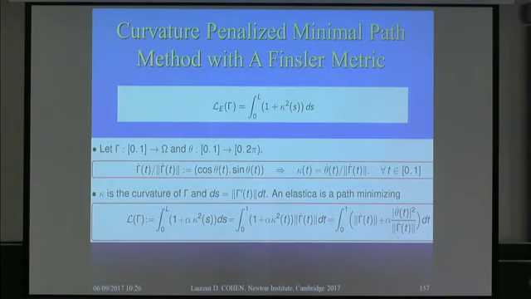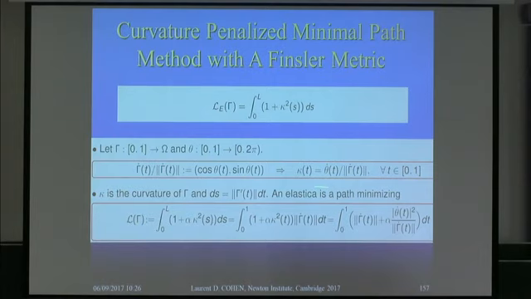So this means simply that theta is the orientation of the curve. Then it is well known that the curvature can be obtained by derivation of theta, where t here is any parametrization of the curve. It's not necessarily arc length.